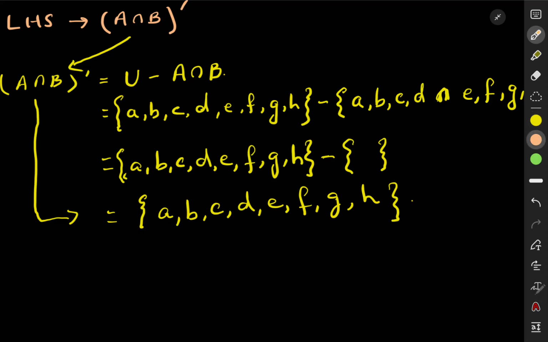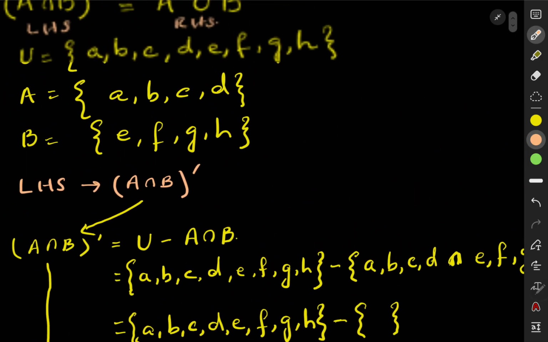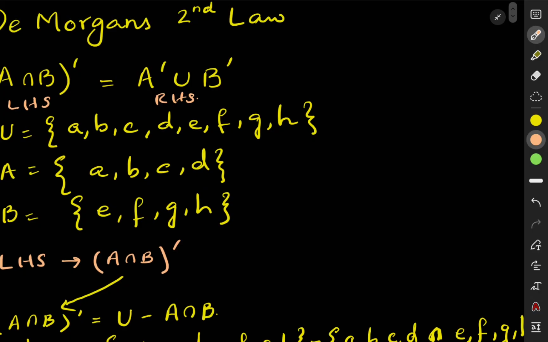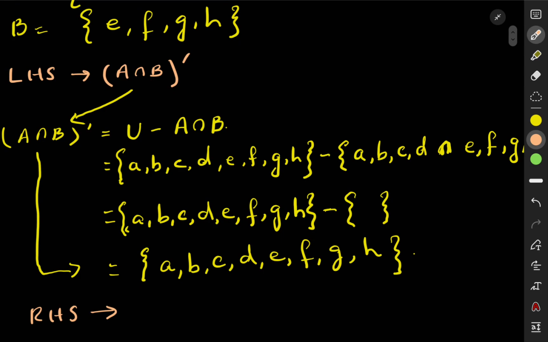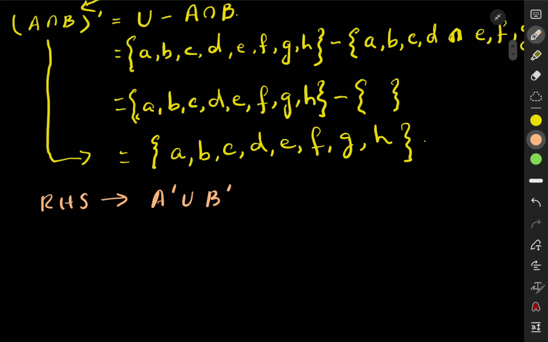Now we solve the right hand side. The right hand side is A complement union B complement. Now here, what does A complement and B complement mean?